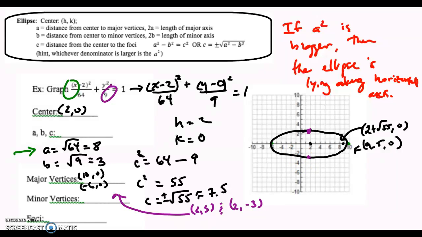So I'll label that in blue. And this foci is going to be over here. And again, since it's a bad drawing, I will label this. This is 2 minus the square root of 55, comma 0, or approximately negative 5.5, comma 0. Those are my two foci values.